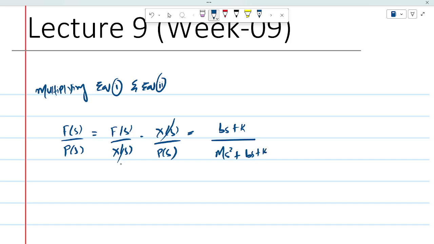So that's the Laplace transform ratio between the transmitted force and the applied force.